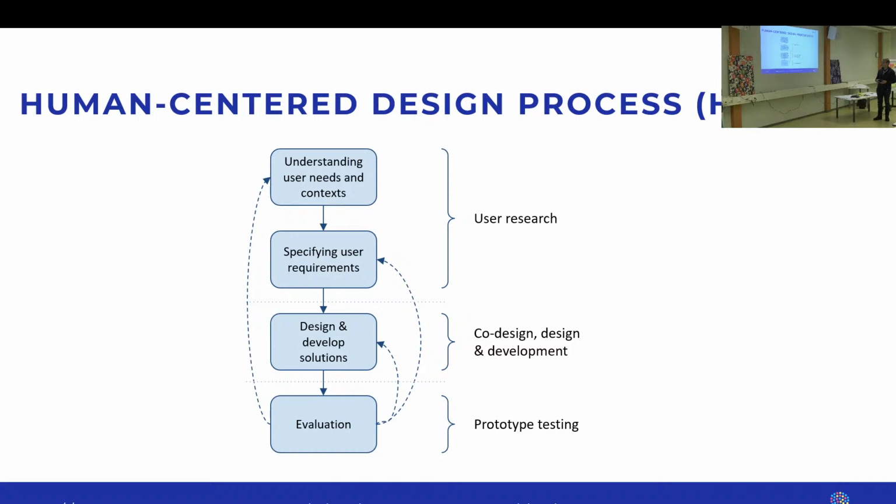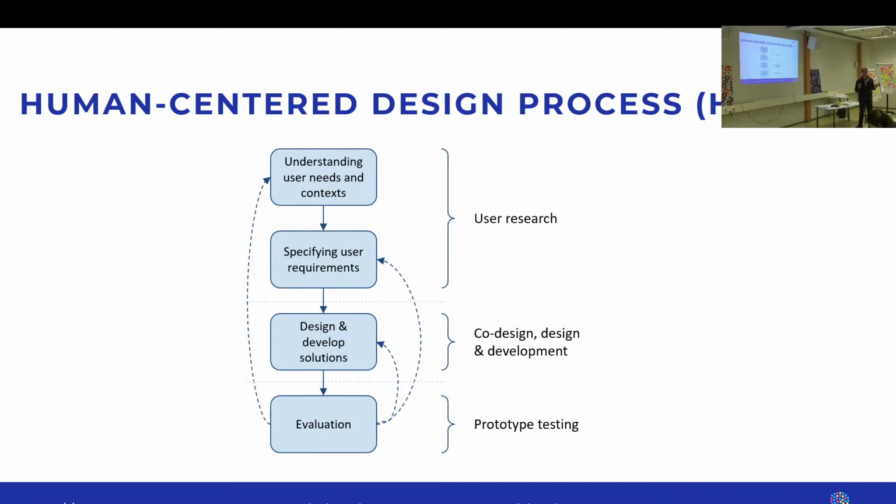Then there's the design and develop phase where you co-design different solutions, and you make prototypes of different levels. You just start by sketching some pictures of what it would look like, describing, okay, basically what is the idea of this service. That's something that I hope to see tomorrow. That's just a description, what is the idea of this service, what people can do with it.